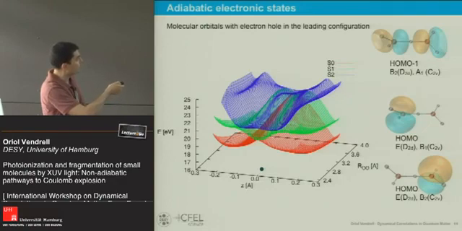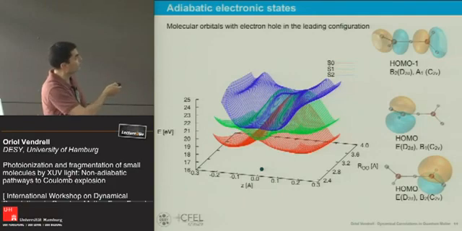If you go to this upper potential here, this is a potential energy surface that corresponds to a state in which, again, this is the electron hole, and here you are removing the electron from the orbitals that form the hydrogen bond. So now you have an electron hole which is around the central proton, so you have to think that there is a positive charge associated to this proton, and then you have an electron hole surrounding it.